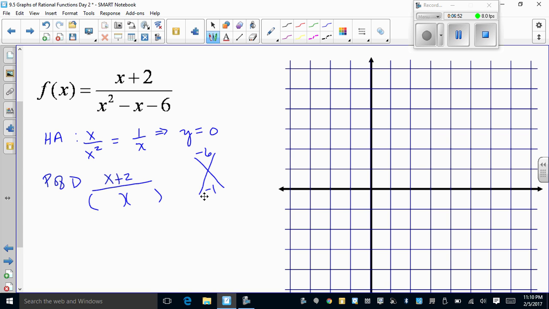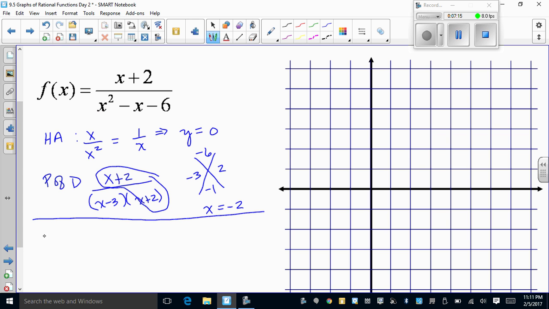So factors of 6 that add up to 1. One of these is negative, the larger of the two. So I have x minus 3 and x plus 2. And there it is. My point of discontinuity is at x equals negative 2. We'll come back to that guy.